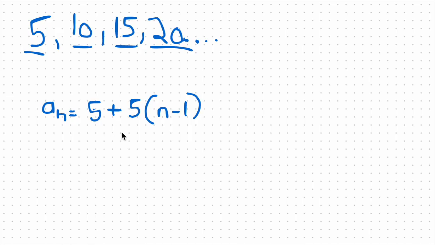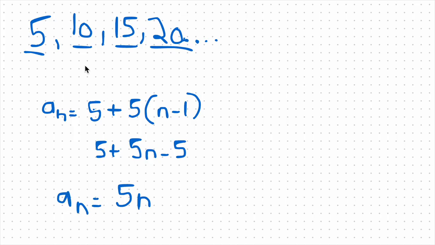We could simplify this by doing the distributive property and then combining like terms. So 5 plus 5n minus 5, and then 5 and minus 5 cancel each other out. So a sub n, or the nth term, is going to be 5n.